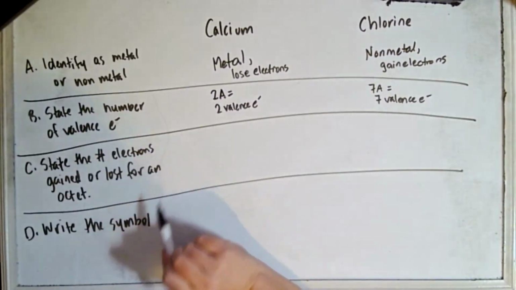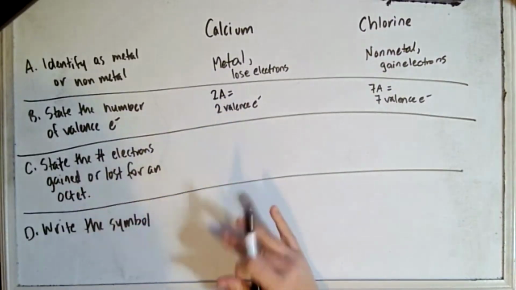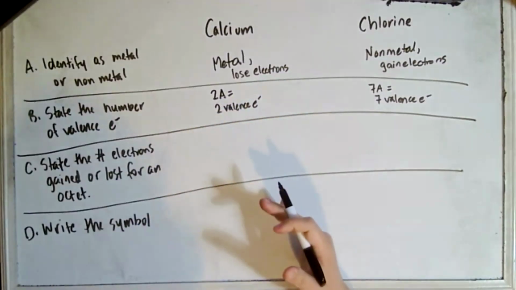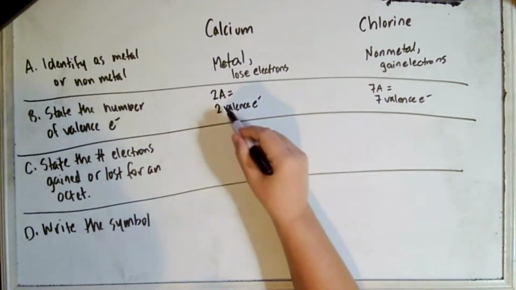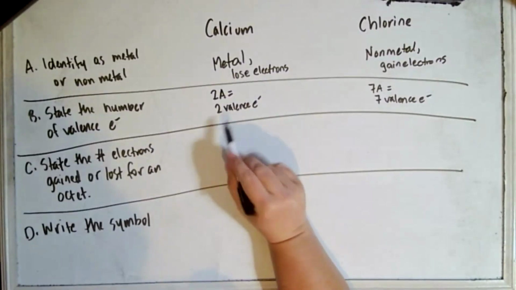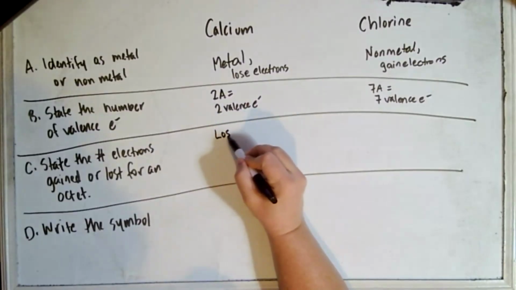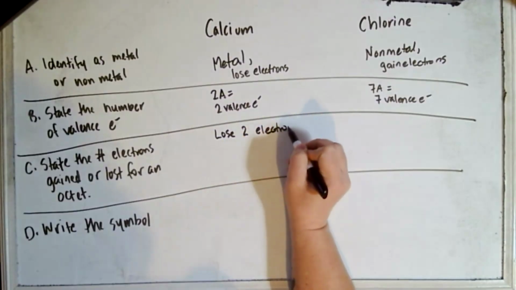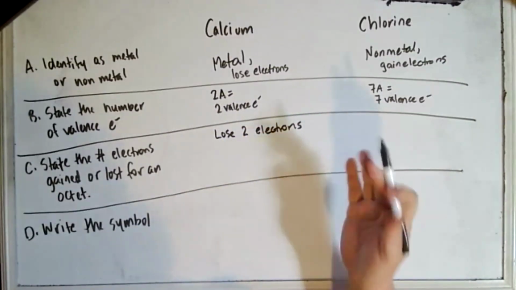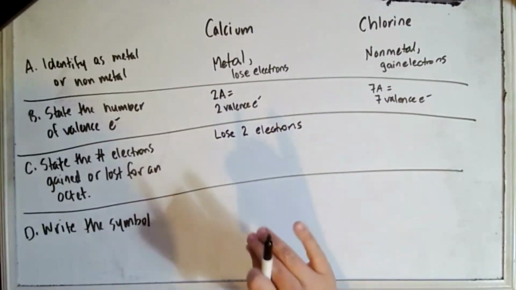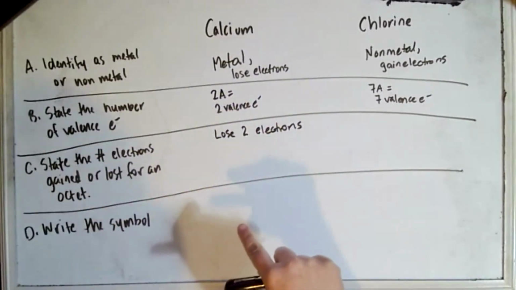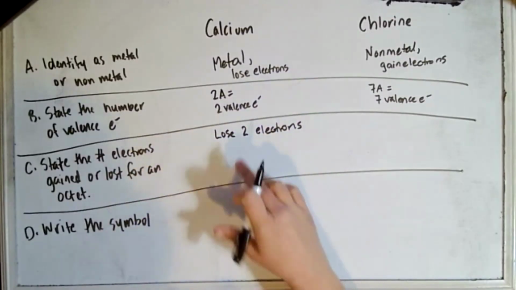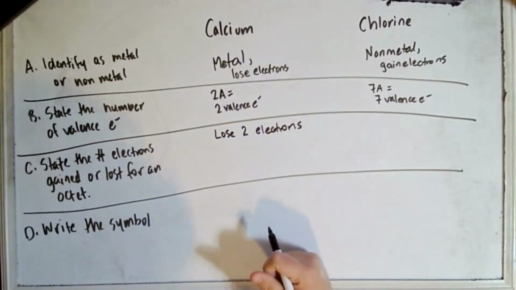State the electrons gained or lost for an octet. So now with metals, however many valence electrons they have, that's how many they're going to lose. Okay. So calcium has 2 valence electrons. It's going to lose 2 electrons. And when it loses 2 electrons, what it will be left with is a full valence of the electrons that were in the energy level right underneath where these valence electrons were.